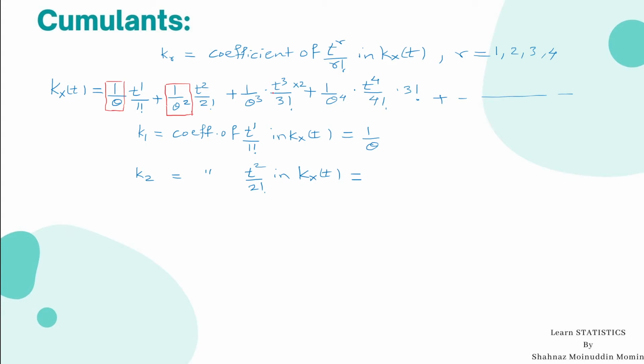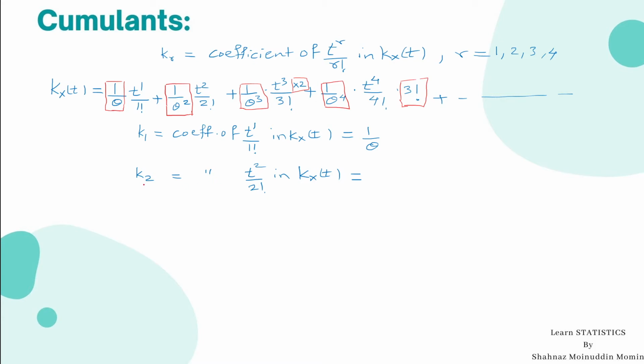Similarly, we mark the coefficient of t cube by 3 factorial as 1 by theta cube multiplied by 2. For the fourth cumulant, the coefficient of t raised to 4 by 4 factorial is 1 upon theta raised to 4 into 3 factorial.